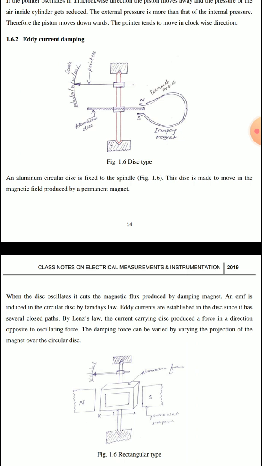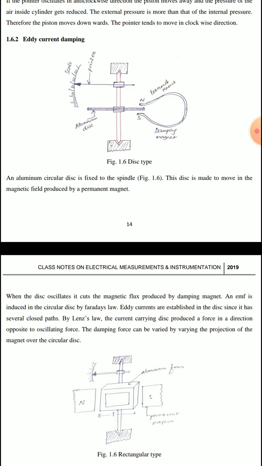That aluminum disc basically decides the movement of the spindle, and obviously that of the pointer over the calibrated scale. So the oscillations of the pointer are controlled by the movement of this aluminum disc, which is placed in the permanent magnet. That aluminum disc produces the eddy current.